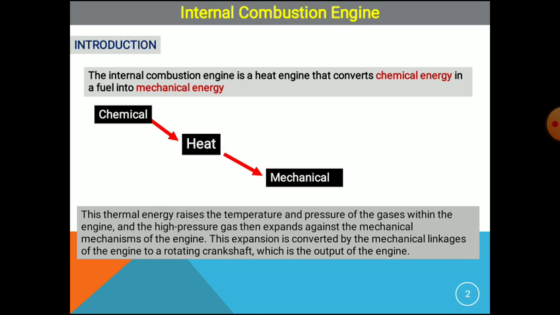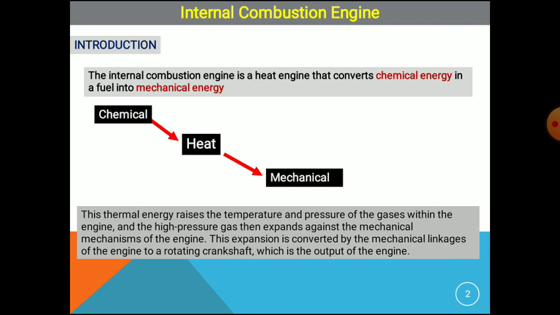This thermal energy raises the temperature and pressure of the gases within the engine, and the high pressure gas then expands against the mechanical mechanisms of the engine. This expansion is converted by the mechanical linkages of the engine to a rotating crankshaft, which is the output of the engine.